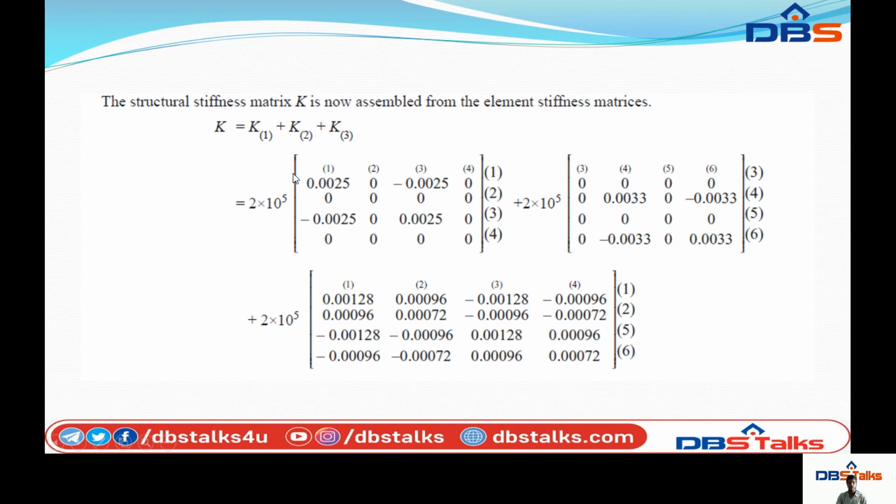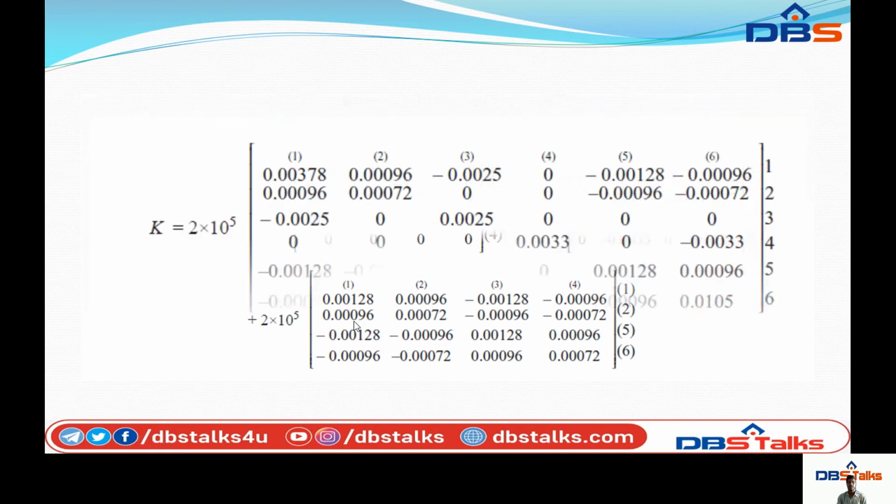We already know the element stiffness matrices for elements 1, 2 and 3, and I am adding all of them together. First, I write the element stiffness matrix for element 1 plus element 2 plus element 3.